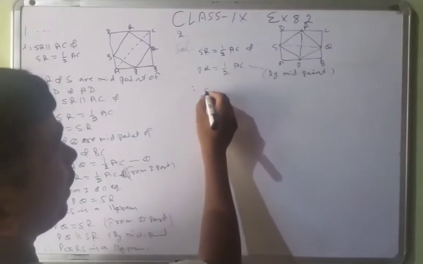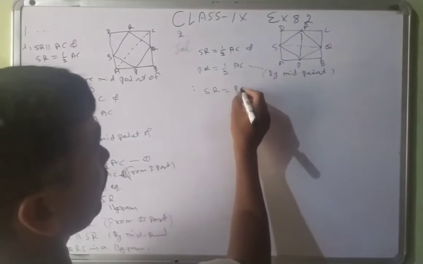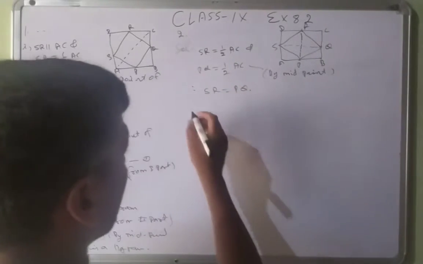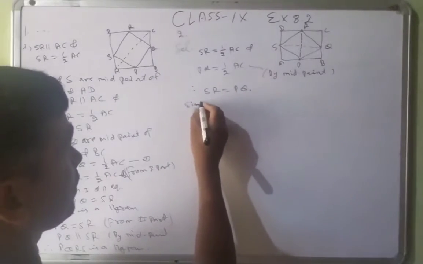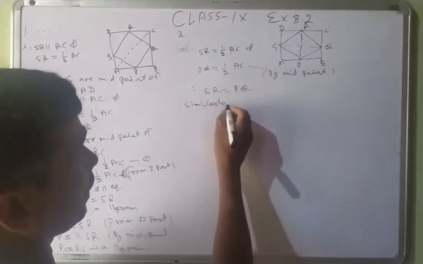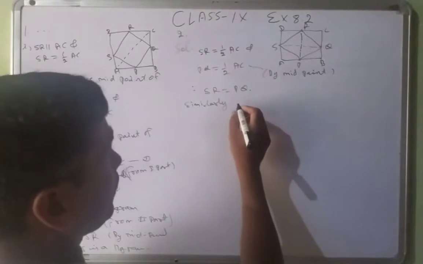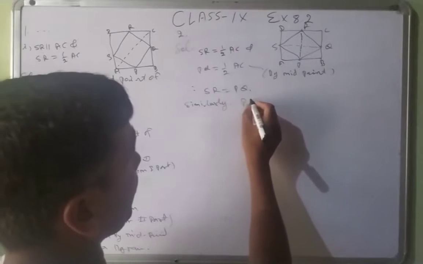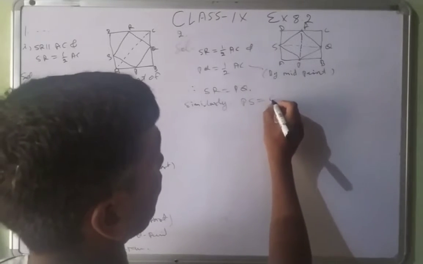So SR is equal to PQ. Similarly, PS is equal to QR.